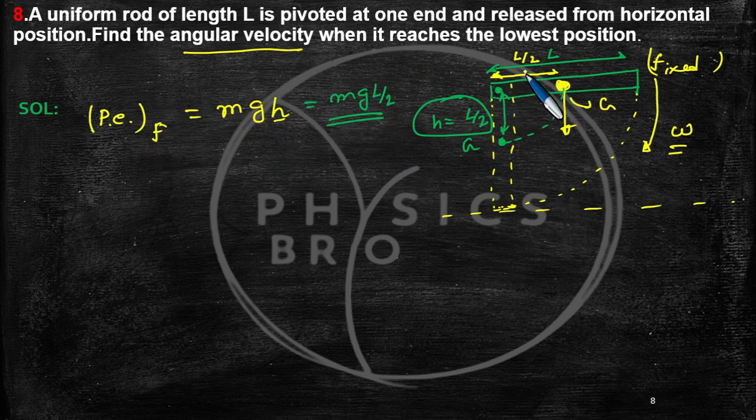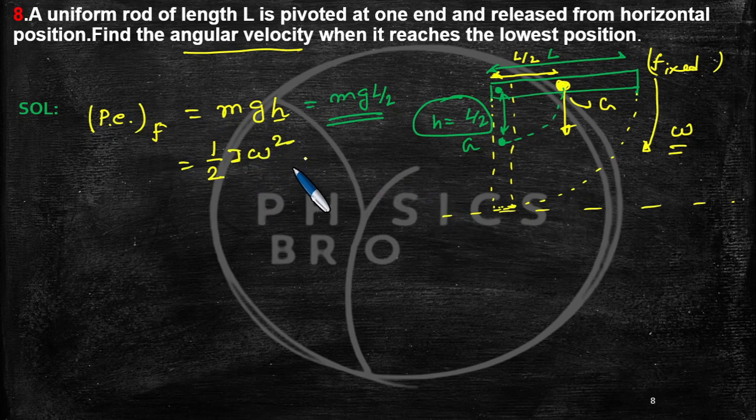So the potential energy that changes turns into the rotational kinetic energy. So this potential energy turns to a kinetic energy, that is rotational, and it is half I omega square. Clear?